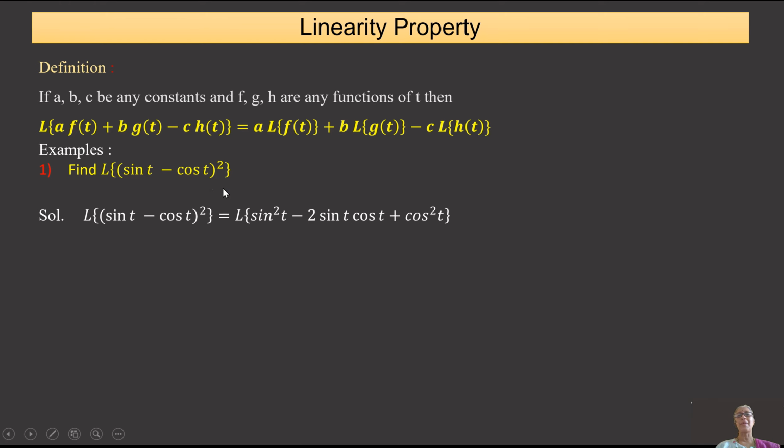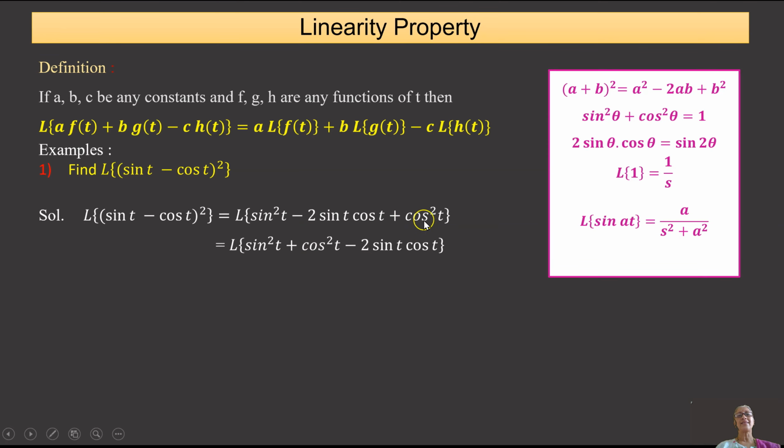Before applying the Laplace transform, let us expand this bracket (sin t minus cos t) whole square using the (a minus b) whole square identity. Then we get sin square t minus 2 sin t cos t plus cos square t. Now, here I have written cos square t after sin square t.